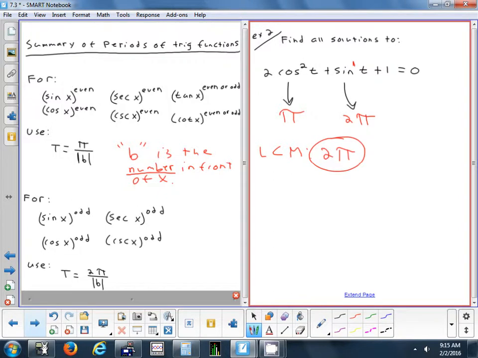Remember, the LCM has to be greater than or equal to all the other periods. It can't be smaller than any of the individual periods. So now that tells me my window should be 2 pi units wide in order to get all the answers in one period.